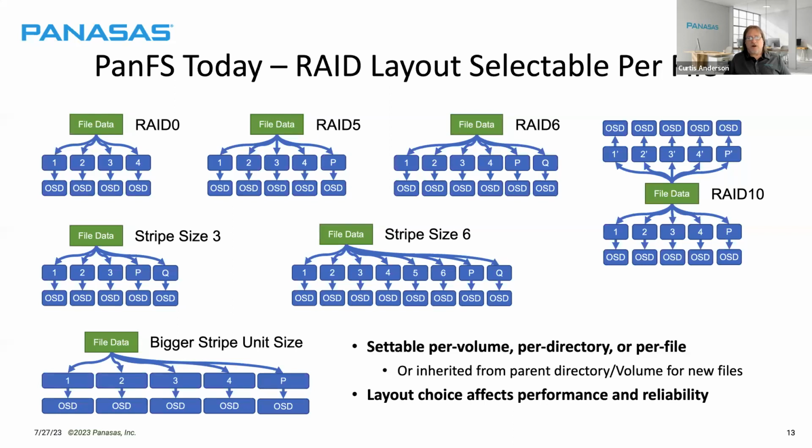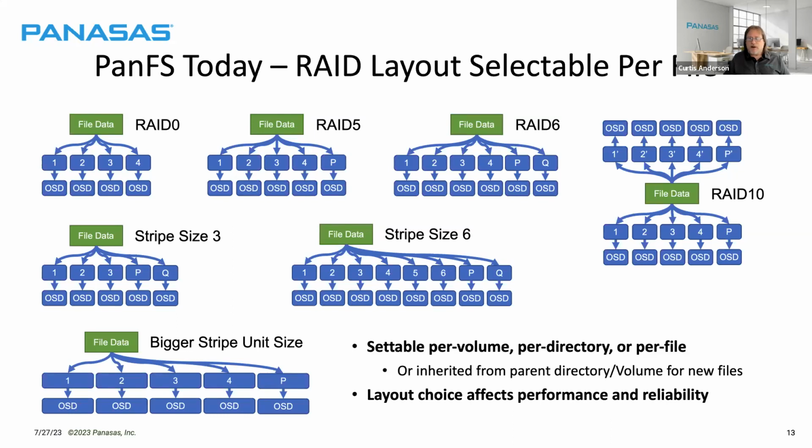Although the algorithms are the same as per drive, we're doing it per file. So a RAID 5 file has slightly lower overheads in terms of capacity required and has some different performance characteristics, but it also has slightly lower reliability. RAID 6 has higher reliability, and has a very small performance delta to RAID 5.